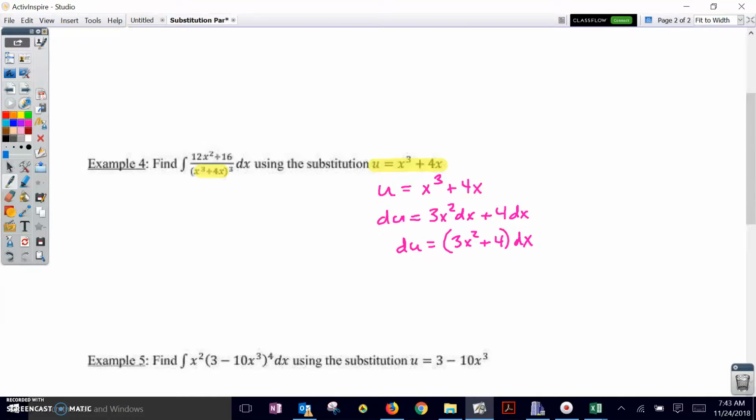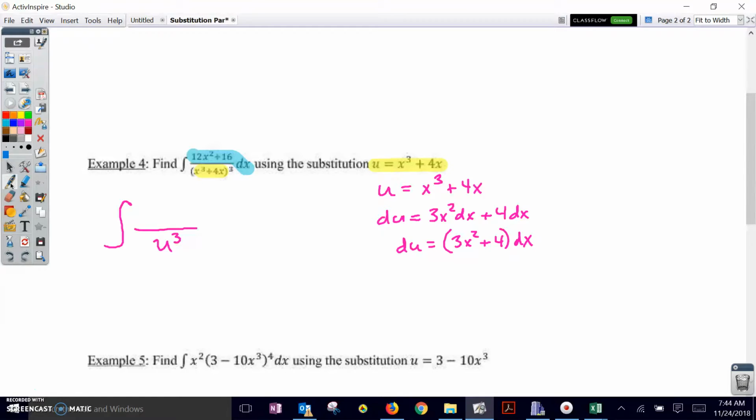Okay, so let's look at everything that's left over. Once we make our substitution, we've got the integral of something over u to the third. And let's take a look at everything that's left once we do that. We've got 12x squared plus 16 dx. So we'd like to replace 12x squared plus 16 dx.